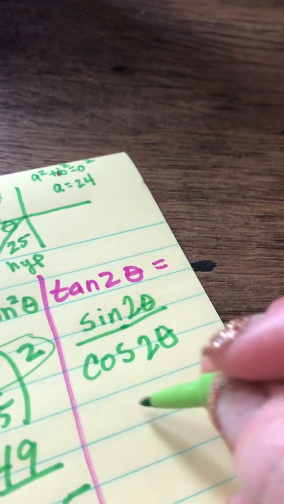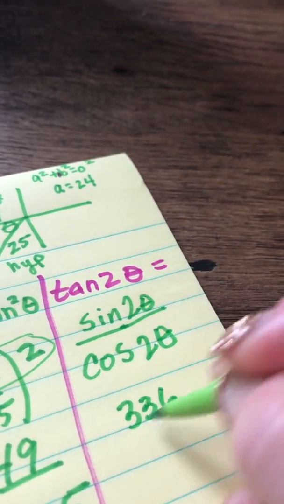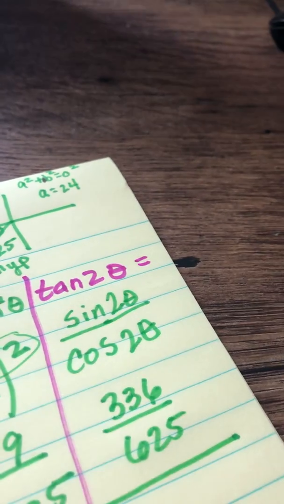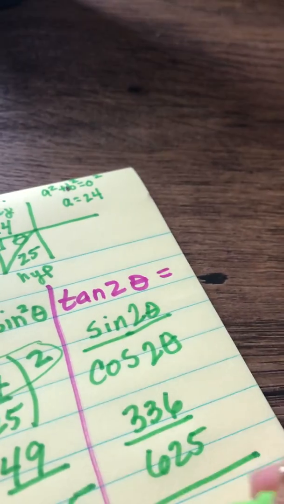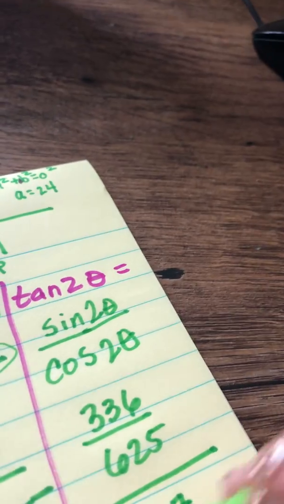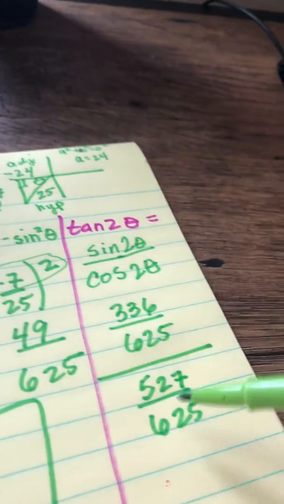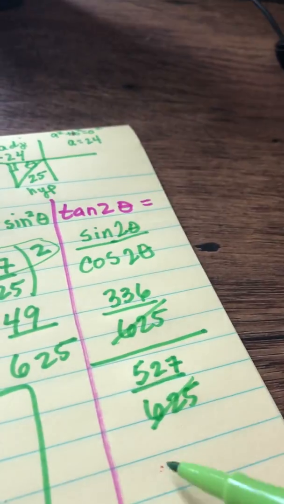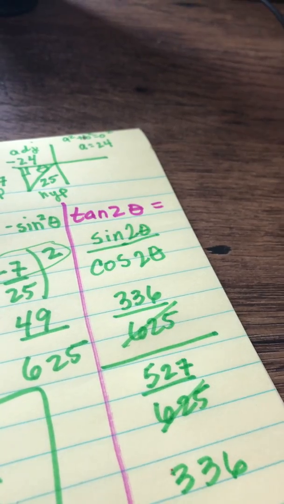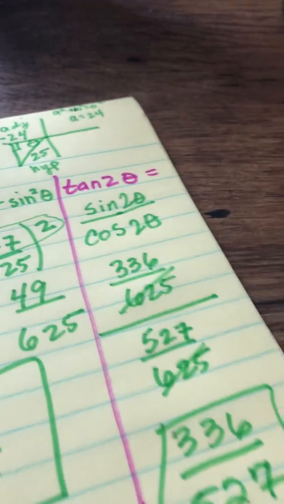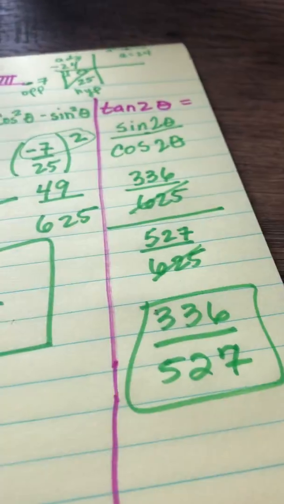Sine 2 theta came from part A. It's 336 over 625, all over cosine 2 theta, which came from part B, so 527 over 625. And then the 625s cancel. And you get 336 over 527. Woot woot. Okay, let's do another one.